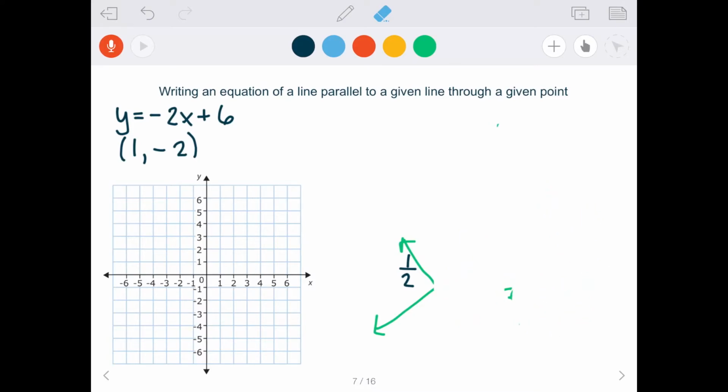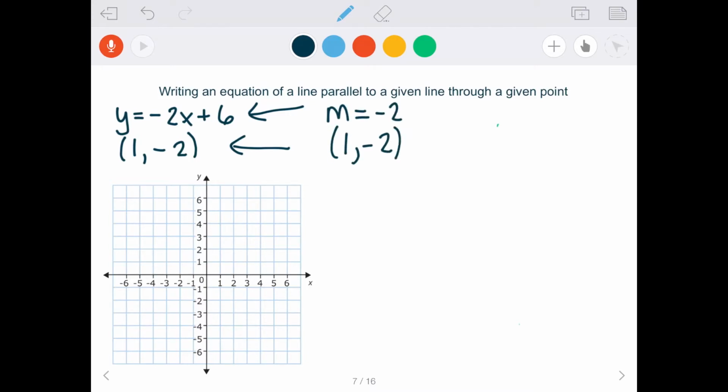So when you know that, this is fairly easy to do. So we want to create the equation of a line that's parallel to this equation, y = -2x + 6, and goes through the point (1, -2). Since it's parallel, I know that my slope is going to be -2, and I have a point. Guess what? I can use the point slope formula. y minus y1 equals m times x minus x1.